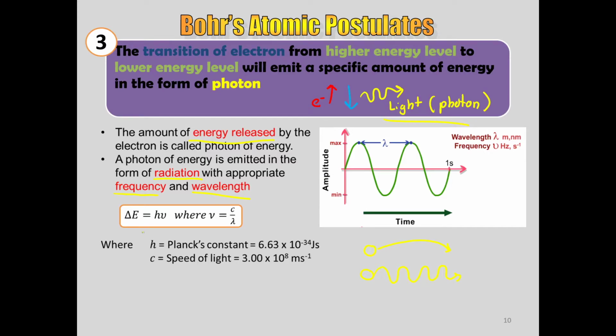So this is the formula: the energy of the light is equal to Planck's constant, h, multiplied by mu. Don't worry about the constant. Mu is the frequency.